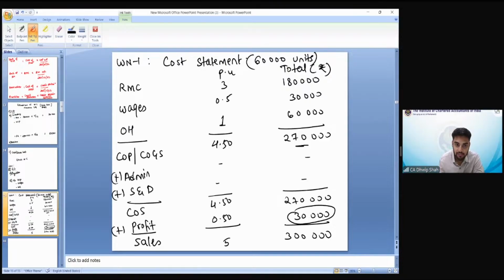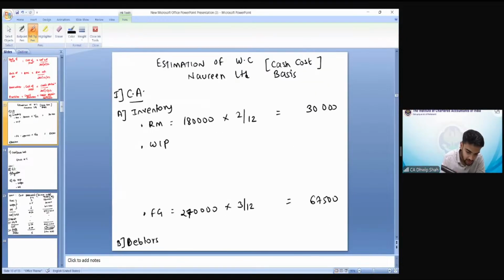Now how is this 270 derived? It is the total of these three things. So instead of writing cost of production, I can write raw material cost, wages and overheads individually.